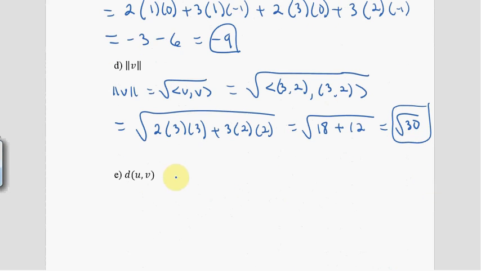What about the distance? Here the distance is defined as the norm of u minus v. Right? This is the same thing as the square root of the inner product of u minus v with itself.